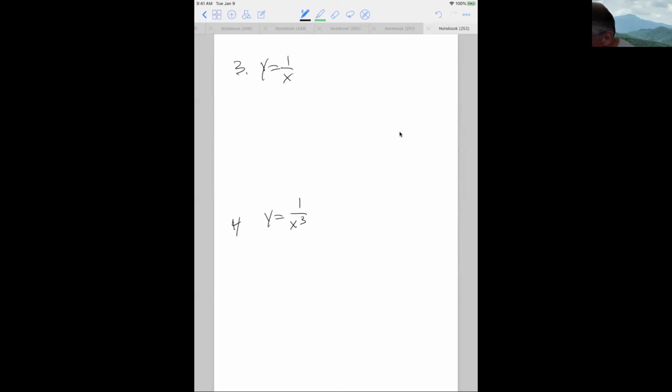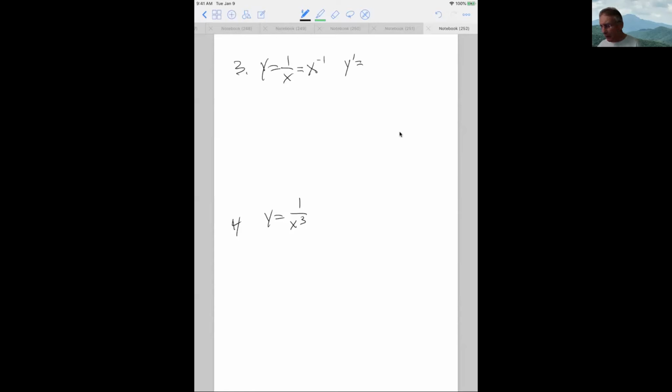So this is equal to, I'm going to rewrite this as x to the negative 1, okay? Now y prime, notice I could have also written d over dx of x to the negative 1. That's taking the derivative of this function. So what I do is bring the exponent down front and subtract 1 from the exponent.